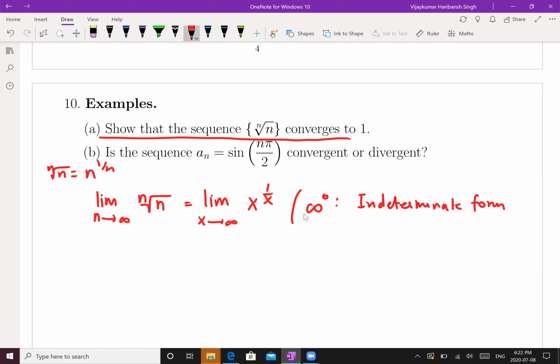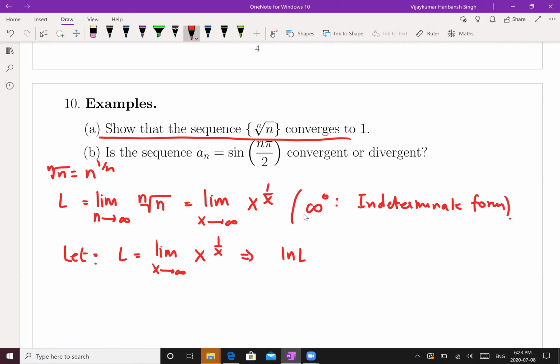So therefore we can apply L'Hopital's rule. Let L equal the limit as x goes to infinity of x to the power 1 over x. I'm calling this limit L. Then take ln on both sides.